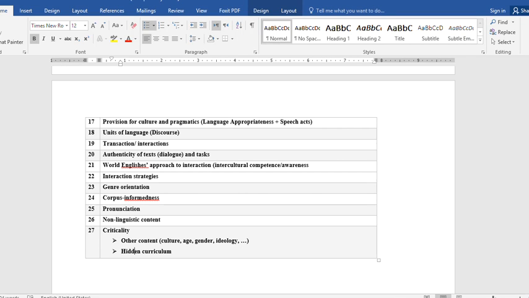And the other one is hidden curriculum. What about hidden curriculum? Sometimes some topics, some figures, some cities, some ethnic groups have been included in the materials, and the material usually talks about them. Or for example, they choose one of the figures.